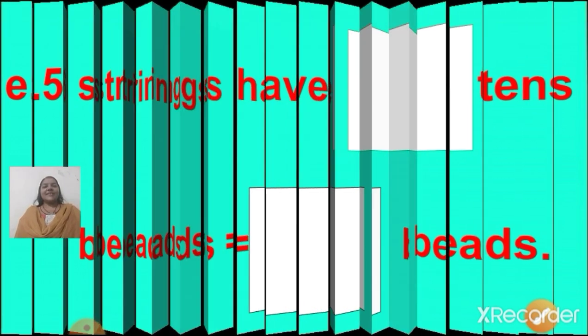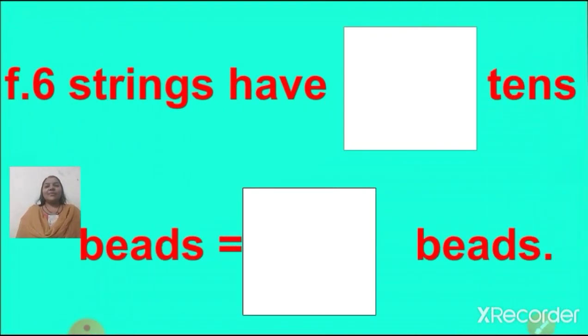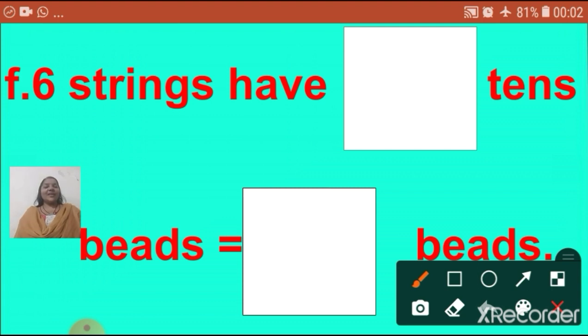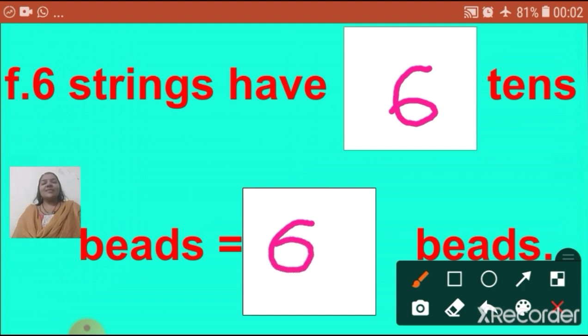Let's see the next. 6 strings have dash tens, equal to dash beads. What will come here children? Yes, 6 strings have 6 tens. Very good. And 6 tens means how many beads altogether? Yes, 60. 6 tens means 60. Very good.